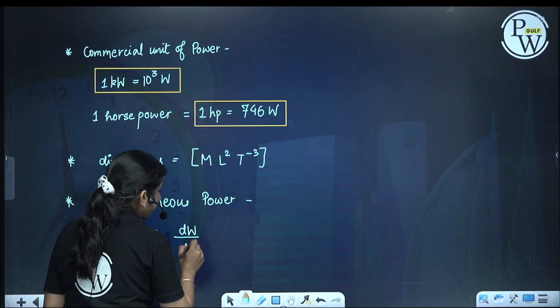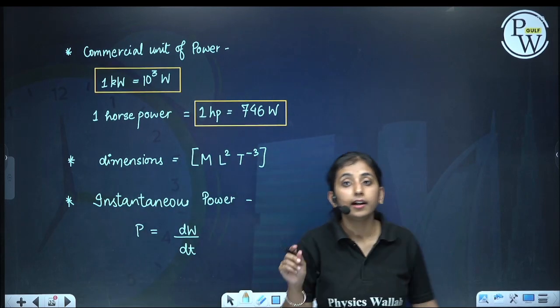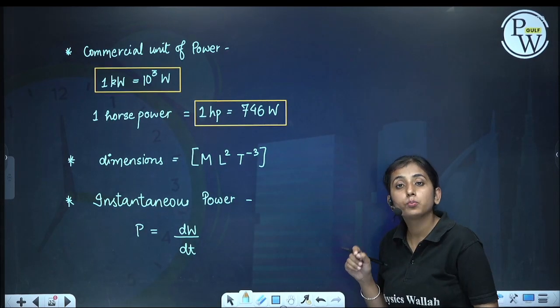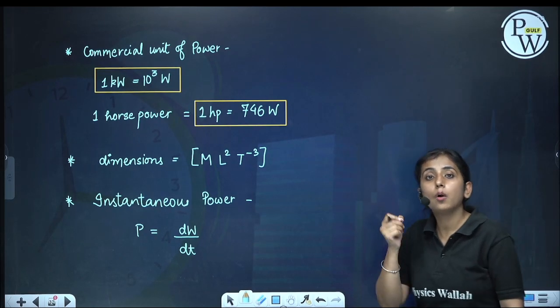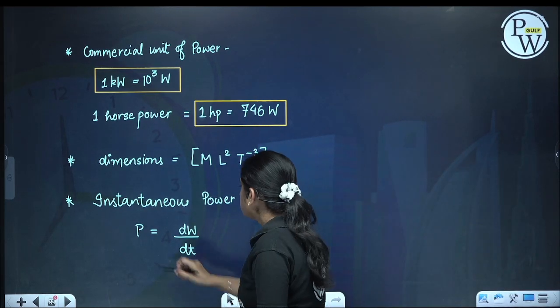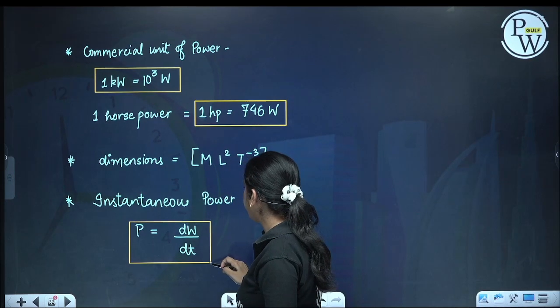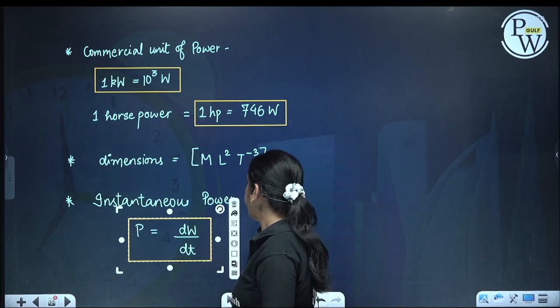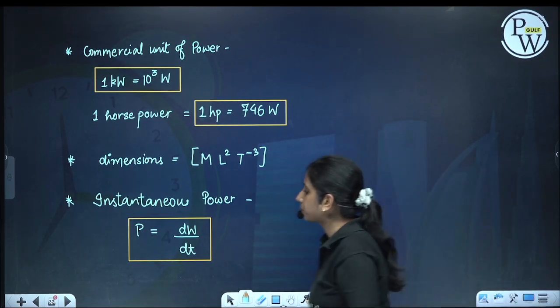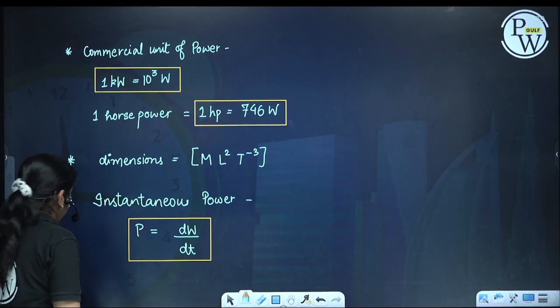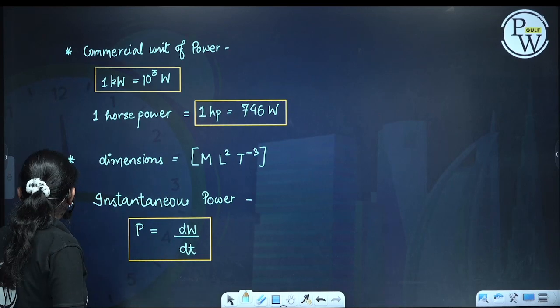So power will be dw by dt. So instantaneous power is dw by dt.